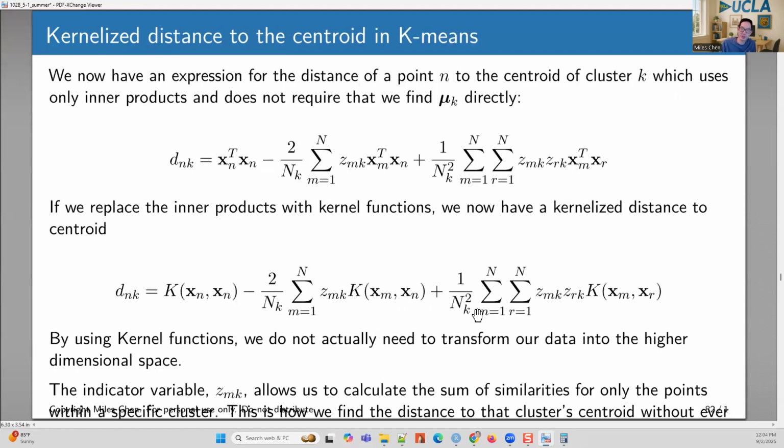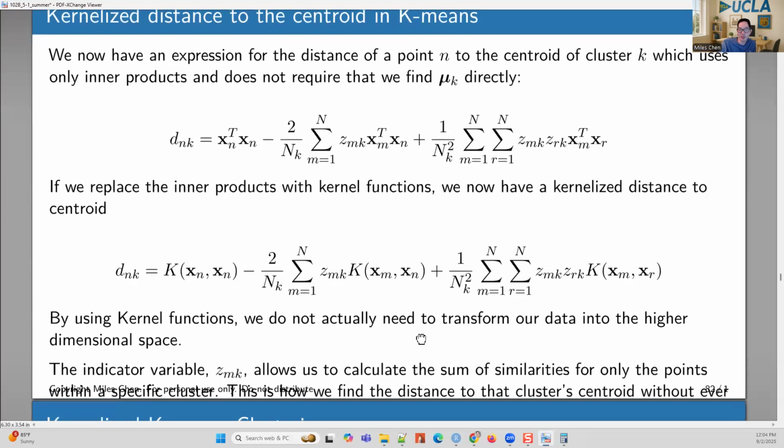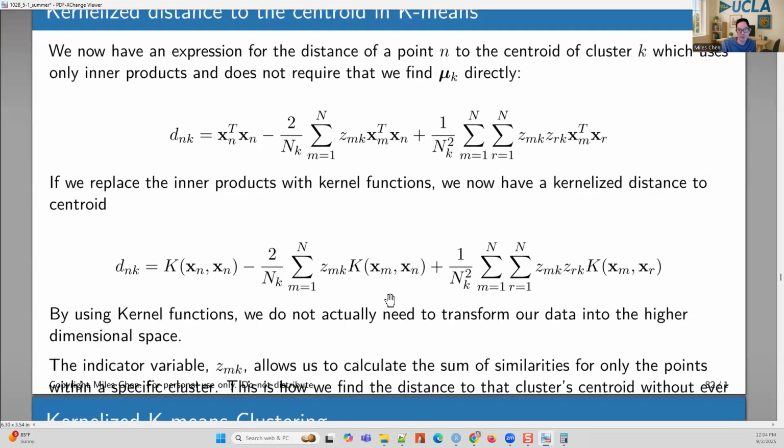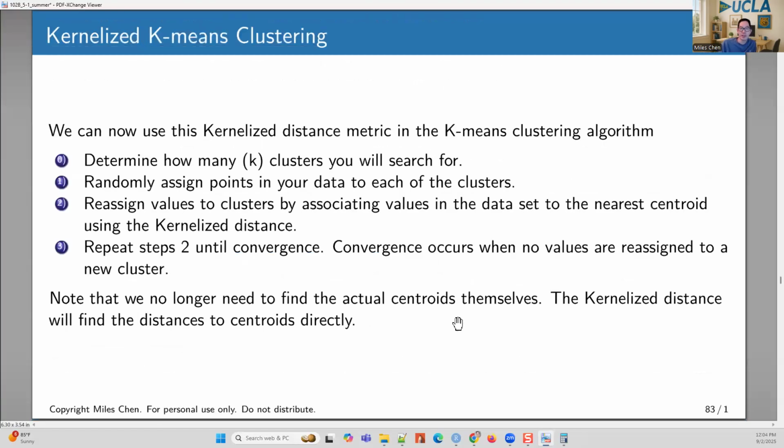Okay, so in my opinion, it's kind of surprising that we don't actually need to figure out the centroid in our higher dimensional space. Okay, we just calculate all of these cross products between x and every other point here, and then it works.